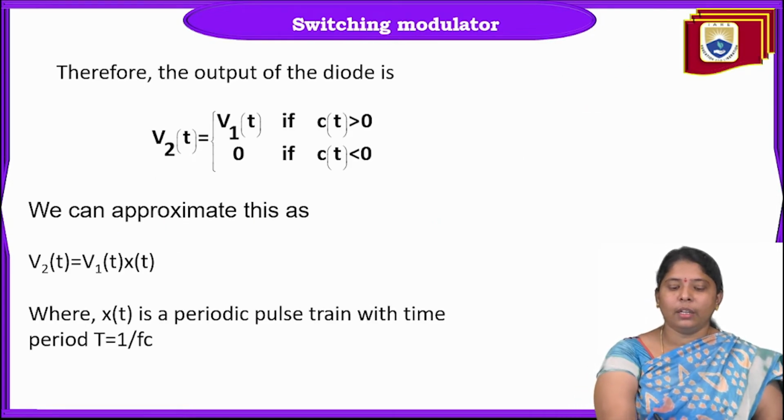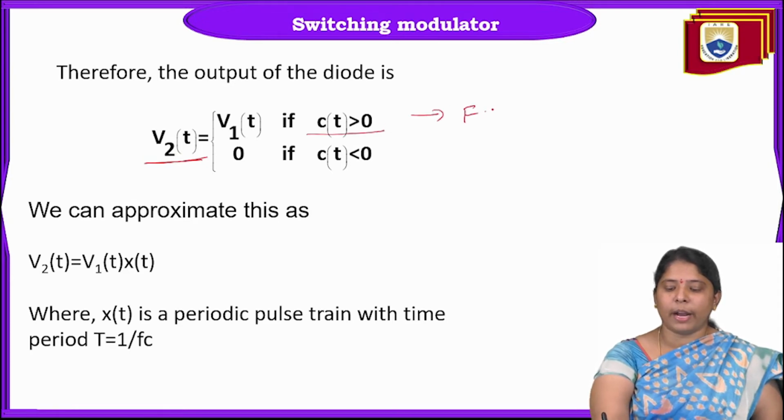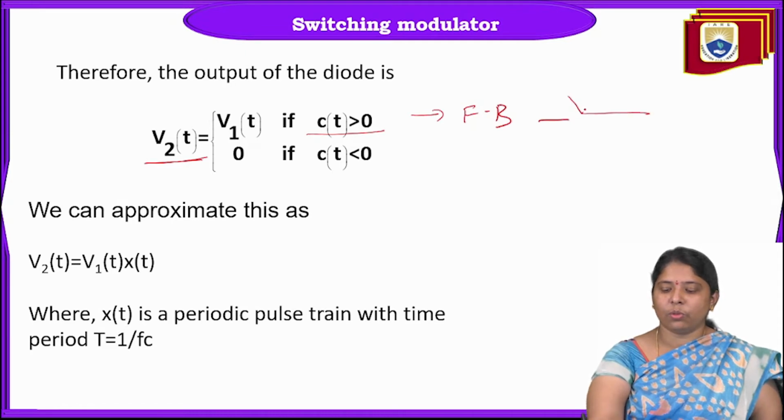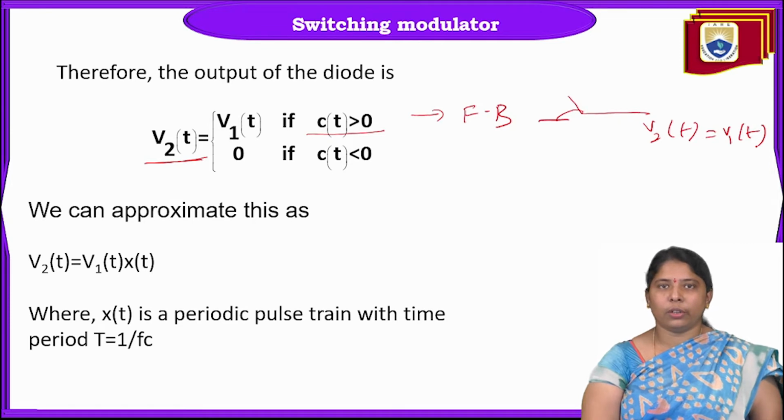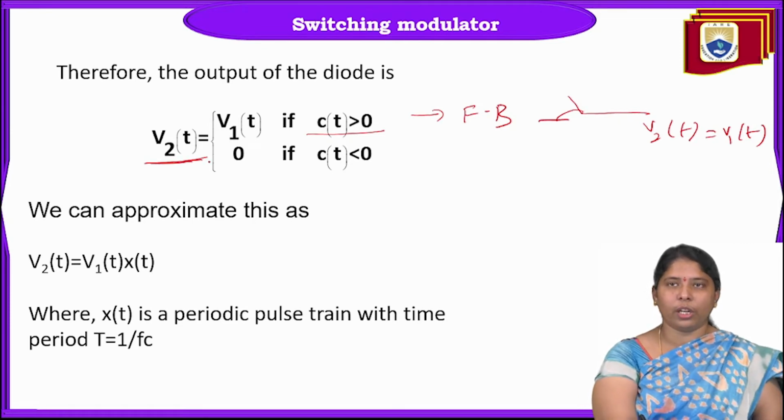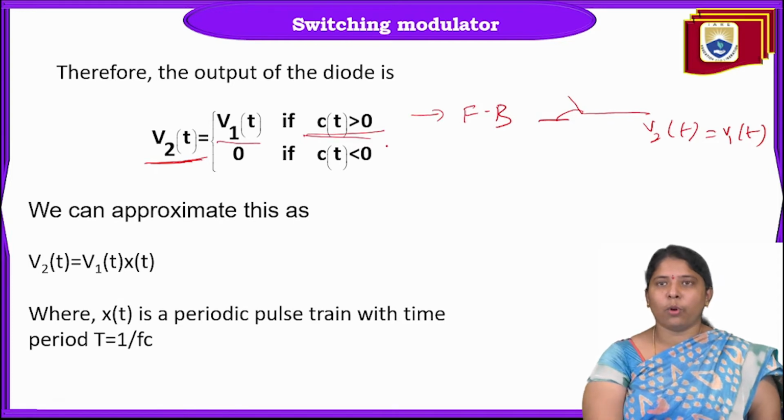So we know that V2 of t is the output of the switch. The output of the switch, when the carrier is positive, is forward bias. Forward bias means the switch is going to close. Closed means V2 of t is connected to V1 of t. So V2 of t equals V1 of t if the carrier is positive.